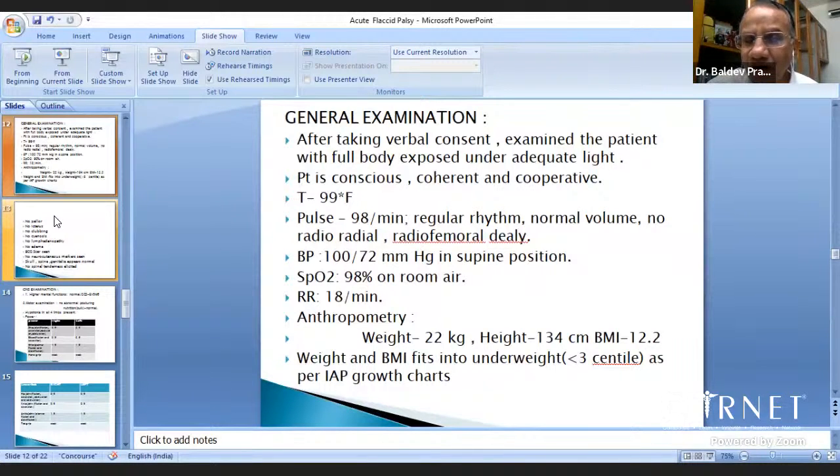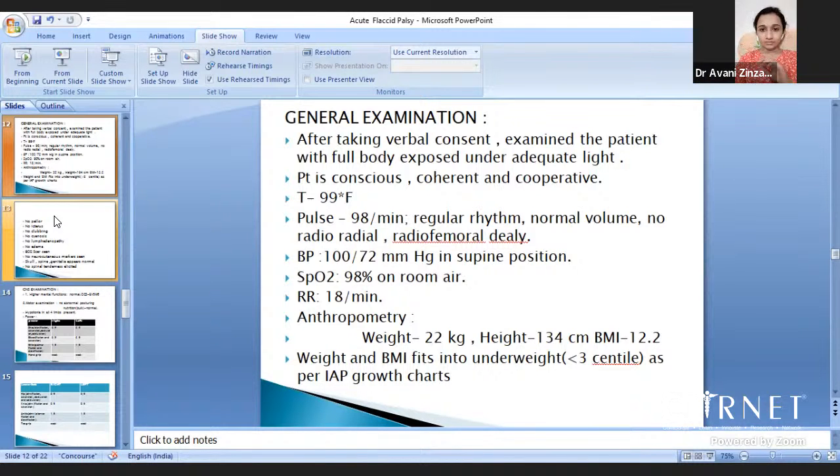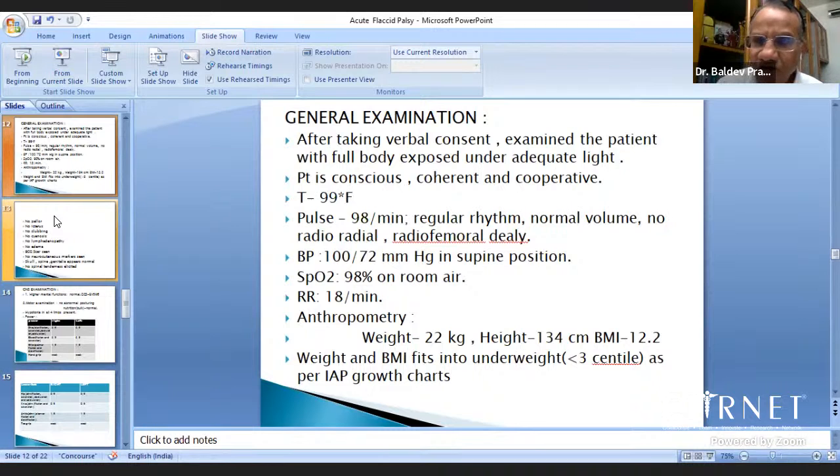Bhargav, how will you monitor? Suppose on admission there is no respiratory problem, but you know that at any time it can occur, and therefore monitoring is very important. So how will you monitor the involvement of the respiratory system in a case of Guillain-Barré syndrome? Suppose somebody asks directly, how will you do it?